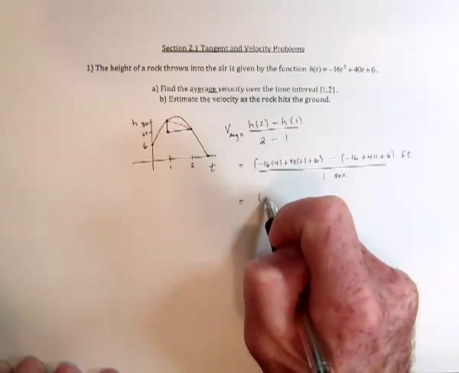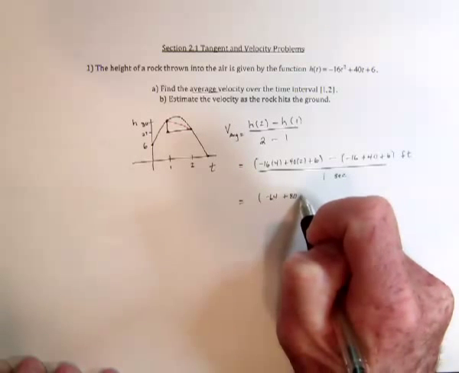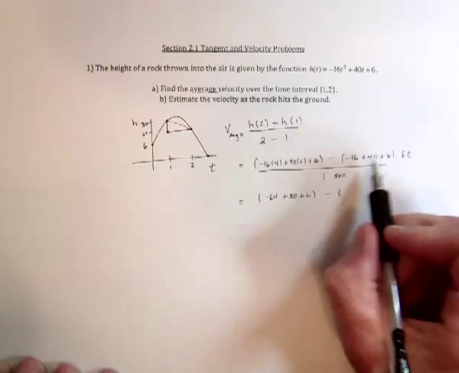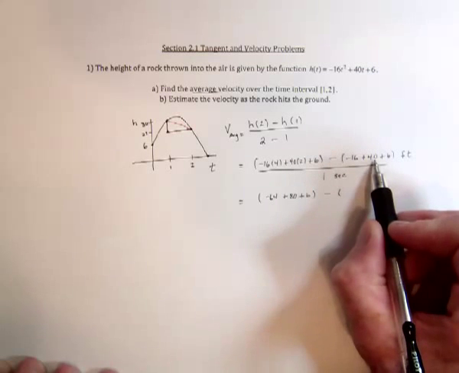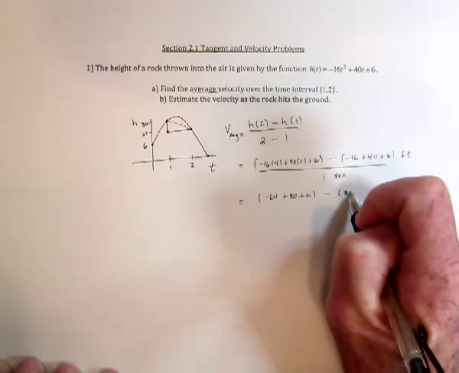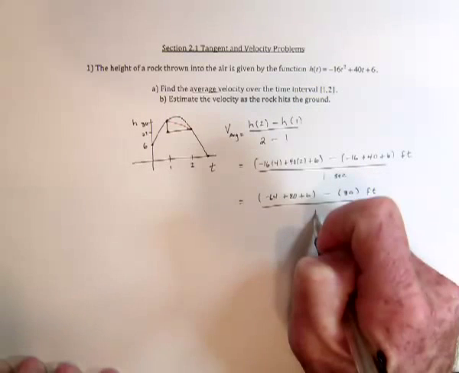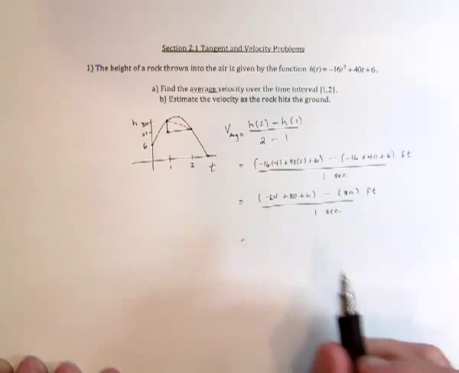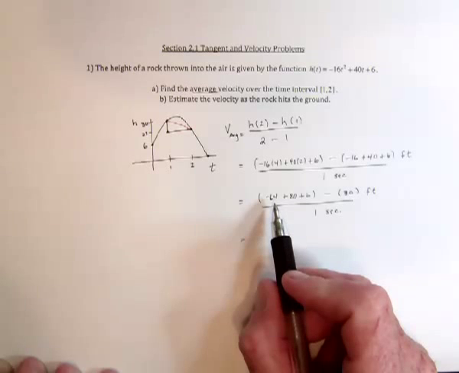So in here we've got negative 64, an 80, and a 6. And then let's see over here, if I combine this and this, it's going to be negative 10. So subtract, and that'll be 30. And then this should simplify to be a 22.